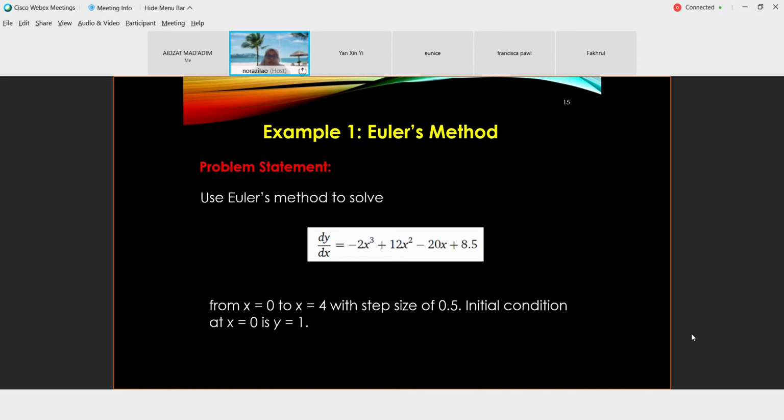So now this is example 1. Fakrul, so now we understand the general equation for the Euler. Fakrul? You get it? Hello. Fakrul?